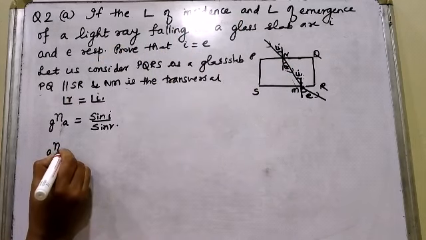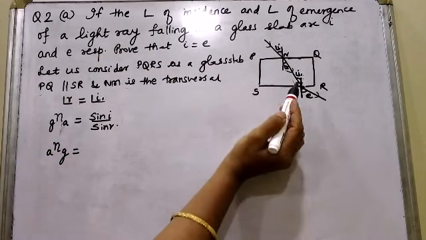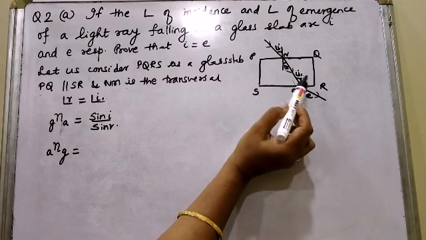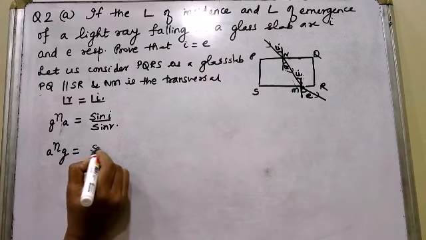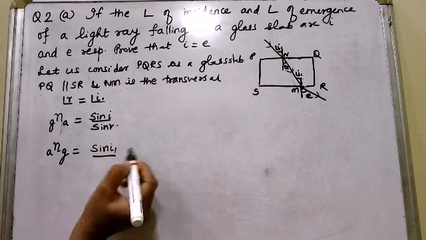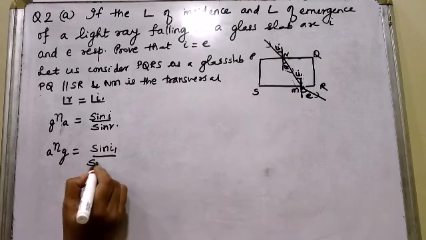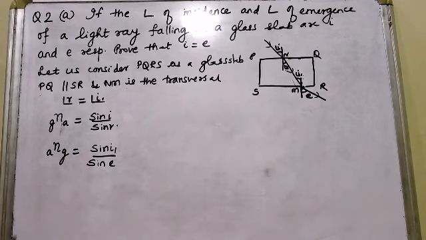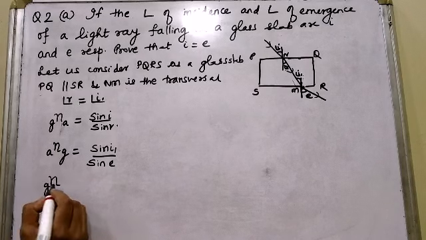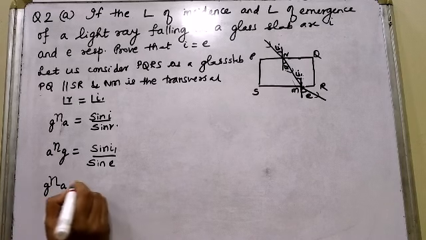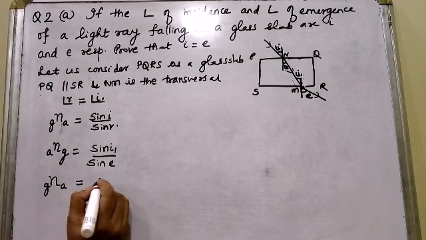It will be sin I1 upon what is sin R here? Sin E.